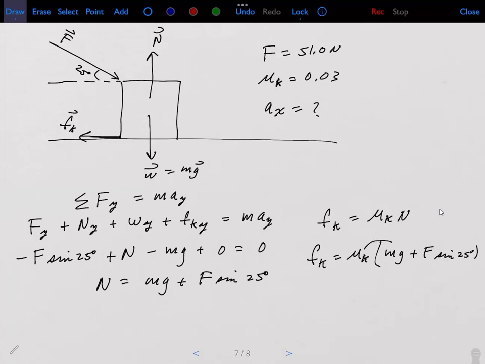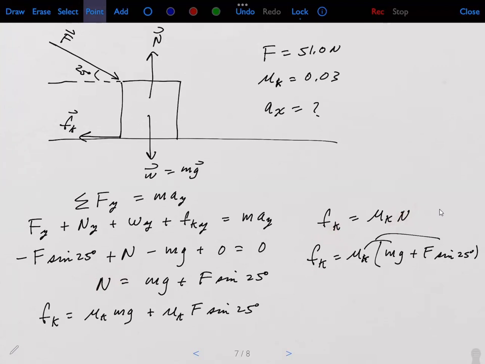So if I distribute this mu k, then Fk here is going to be mu k mg plus mu k F sine 25. Okay. So again, I needed to do the y direction because I needed to find the normal force, and I needed a normal force I could plug in here to figure out the magnitude of that kinetic frictional force.